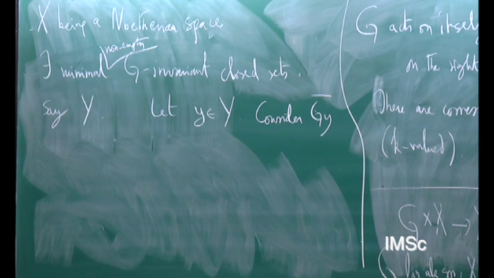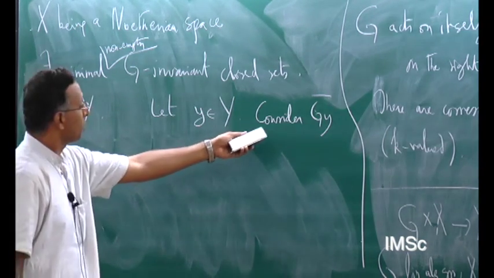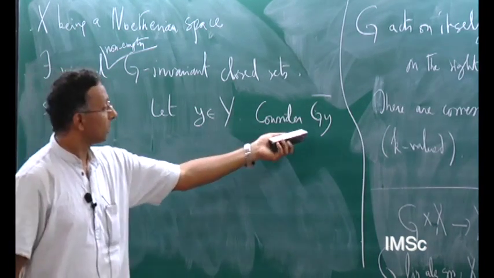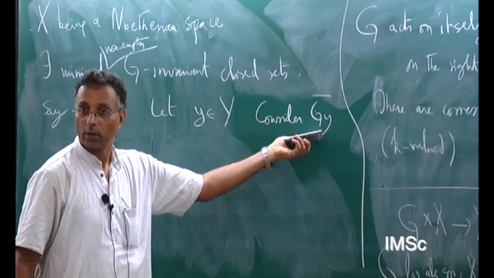We can do that because on any family of closed sets there is a minimal condition. Now this must be equal to Y, right? Because this is G invariant and closed.